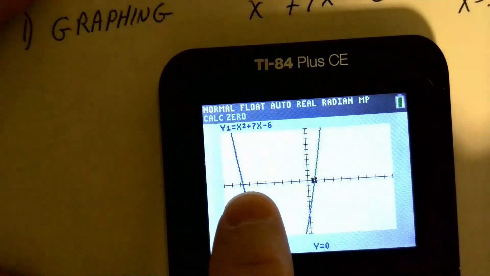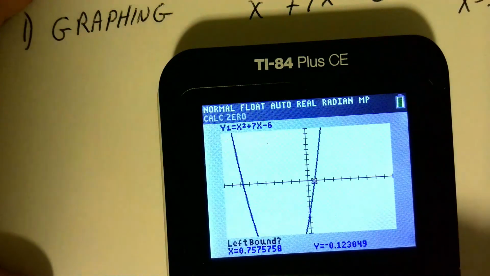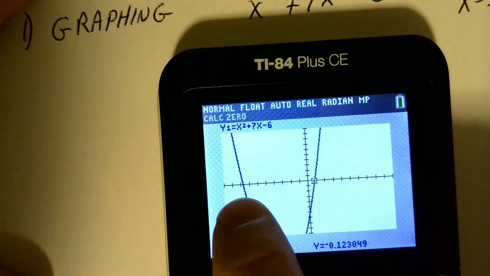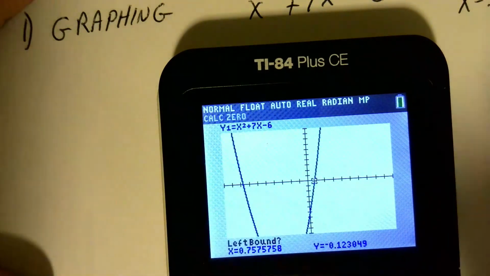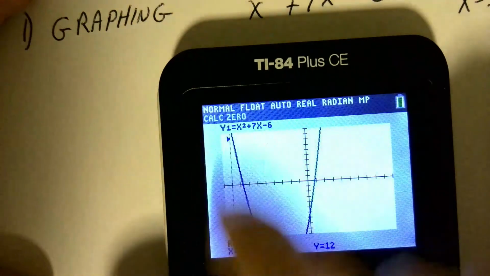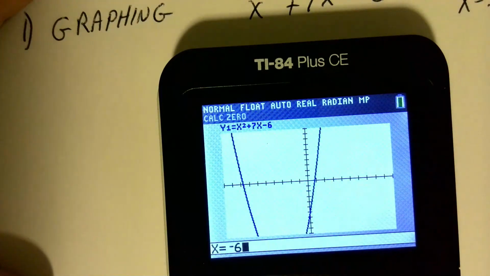I can go ahead and do the other one the exact same way. Second trace, number 2 is a zero. If I don't want to move my cursor, I can also just type in a number that's to the left of it. So I can type in -9 and hit enter, and it'll put that line up there. And then for right bound, I can either move my cursor or I can type in another number like -6.